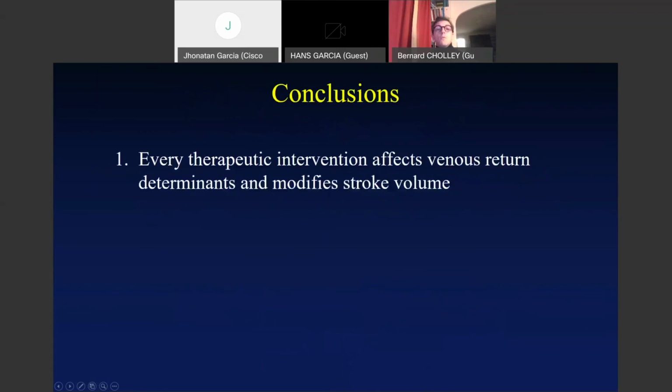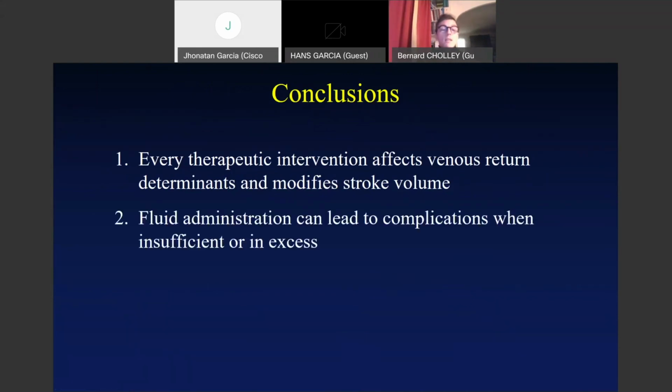So, in conclusion, every therapeutic intervention that we do in our daily practice, fluids, but also giving medication that reduce the volemia, like using diuretics, or giving vasoconstrictors or vasodilators, giving inotropes, all these interventions affect venous return and modify stroke volume.